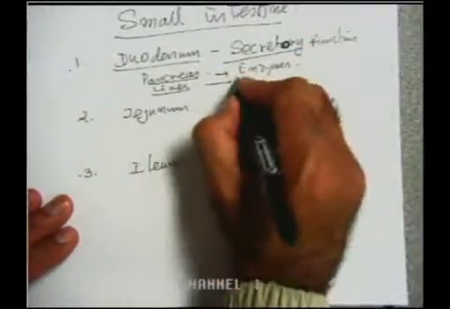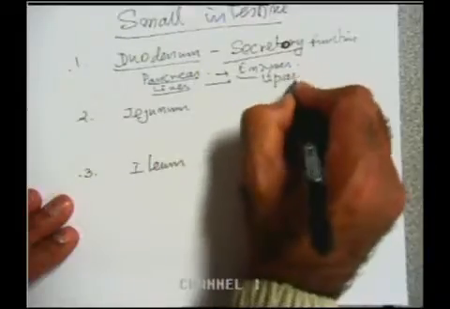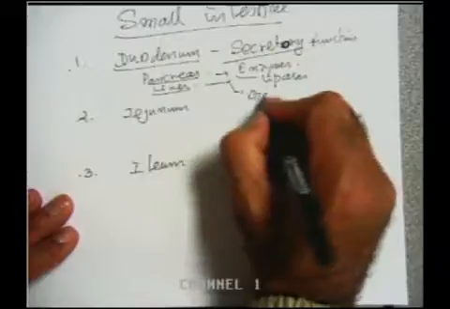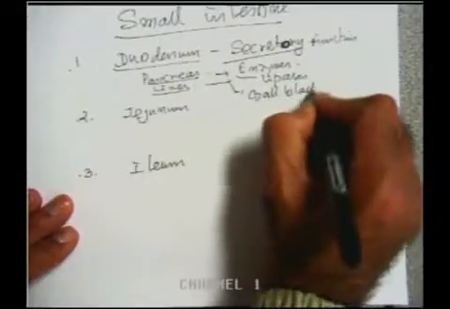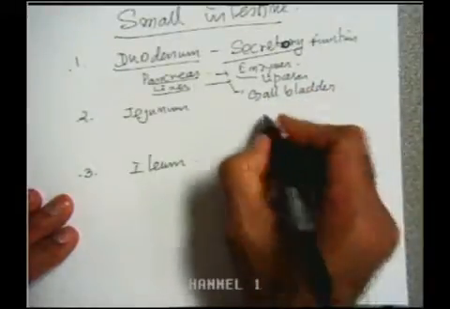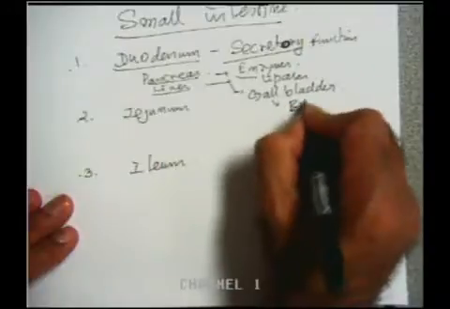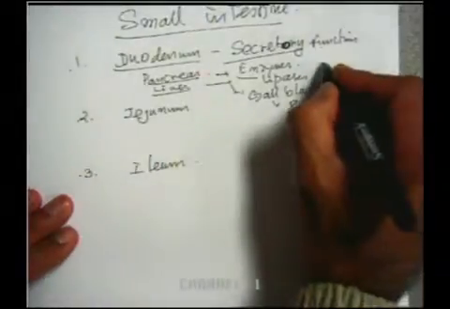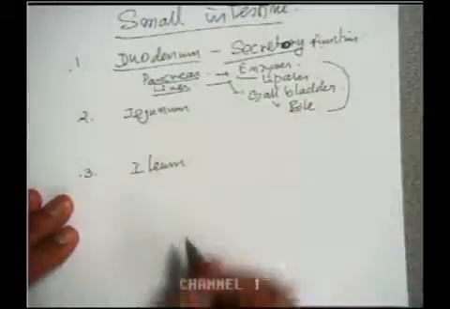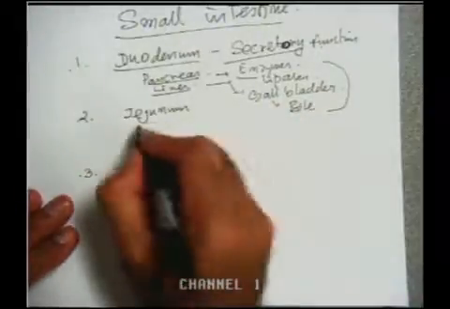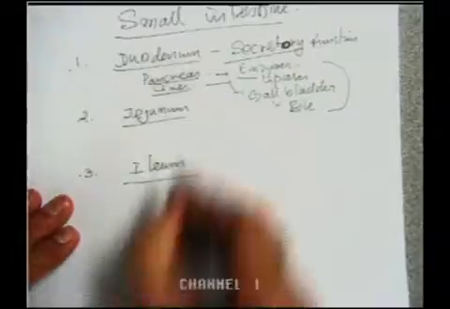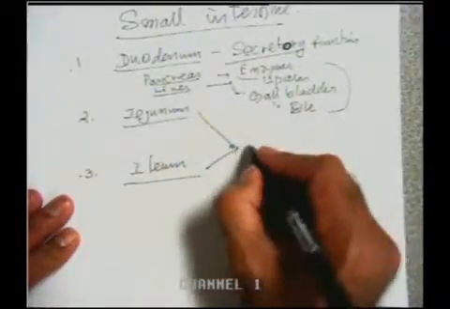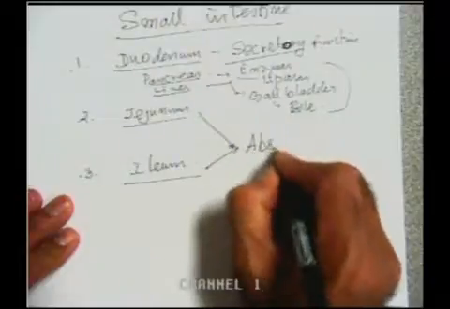The pancreas will produce lipases, and the liver will produce bile from the gallbladder, and gives it into the duodenum. And these enzymes will help again in further digestion and absorption. Okay. And the jejunum and ileum, this part of the small intestine, mainly their function is absorption.